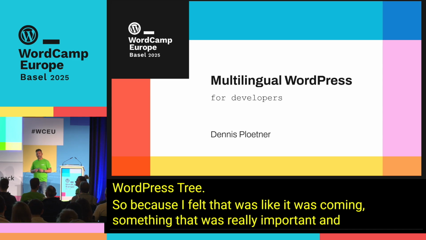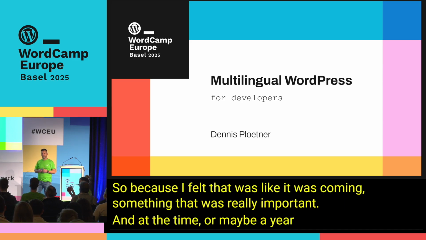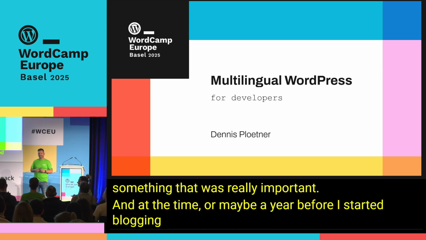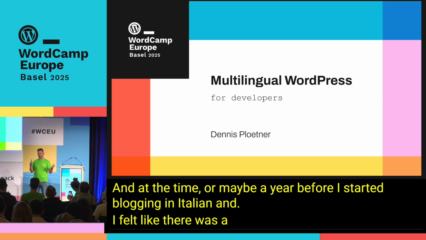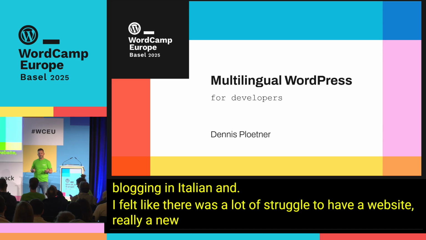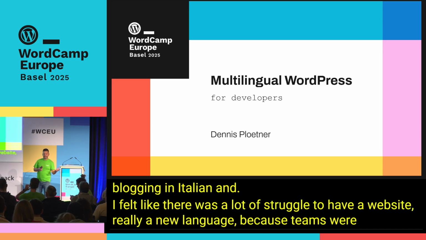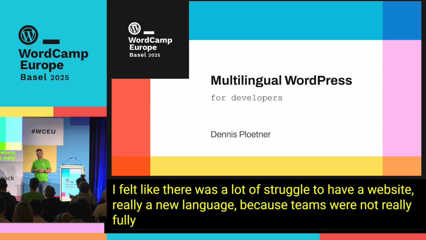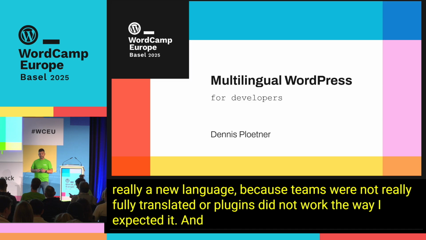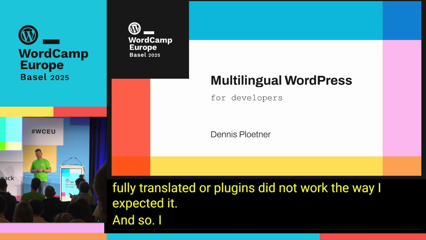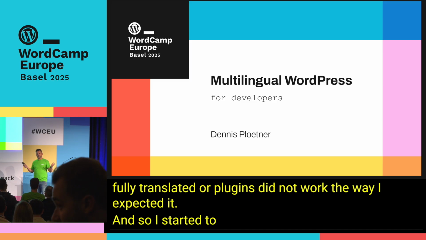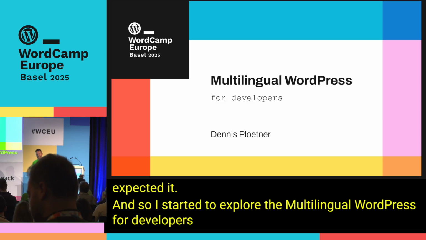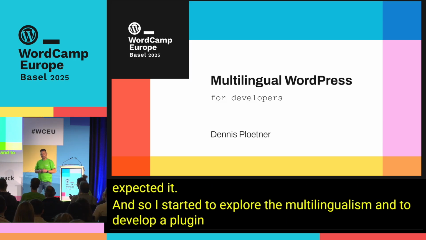At the time, or maybe a year before, I started blogging in Italian, and I felt there was a lot of struggle to have a website really in your language, because themes were not fully translated, or plugins did not work the way I expected. And so I started to explore multilingualism and to develop a plugin.